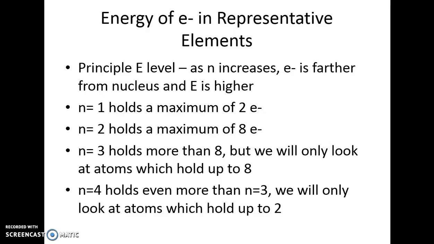N equals 3 can hold more than 8, but we're keeping it simple, so we're not going to look at any atoms that have any more than 8 in N equals 3. So N equals 3 can hold from 0, and for the elements we're looking at, up to 8. N equals 4 can hold even more than N equals 3, but we're only going to look at atoms which hold up to 2.